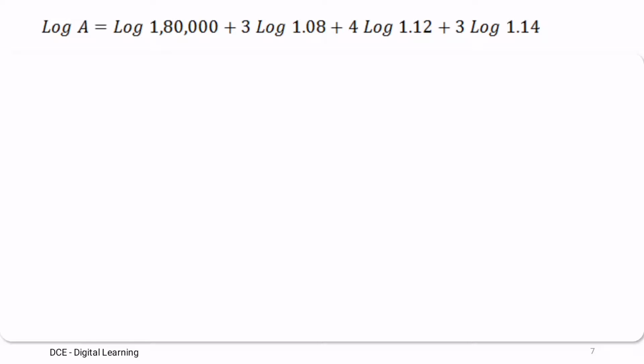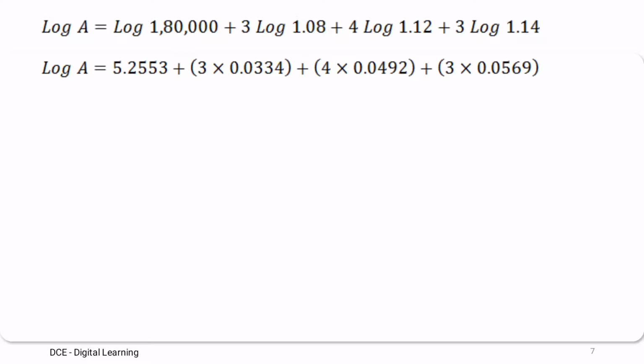Now if you apply the laws of logarithm, the product sign is replaced by a positive sign and the index or power will be replaced by a multiplication sign. So therefore log A equals log of 1,80,000 plus 3 into log of 1.08 plus 4 into log of 1.12 plus 3 into log of 1.14.